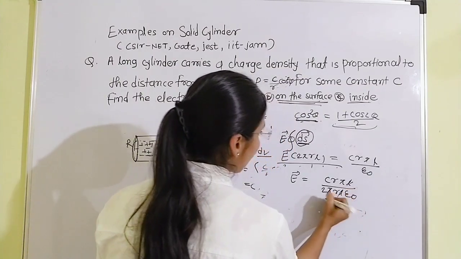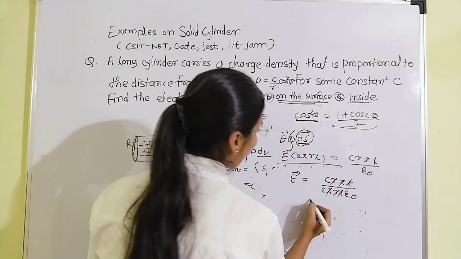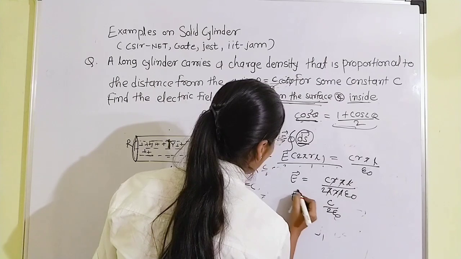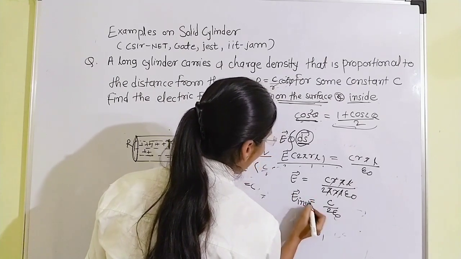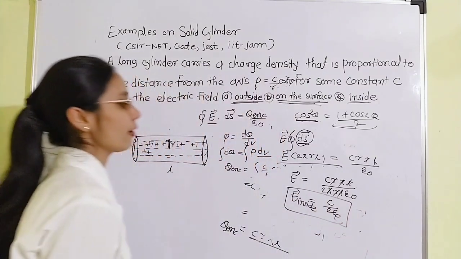This L gets cancelled, this pi gets cancelled, so this R gets cancelled. What is remaining? C by 2 epsilon naught. This is the electric field inside the cylinder.